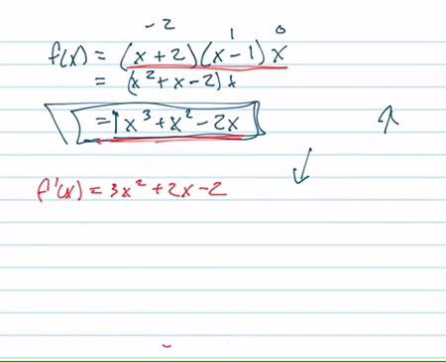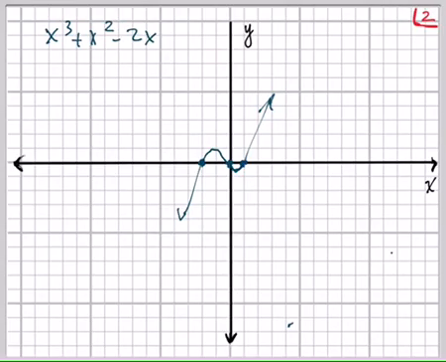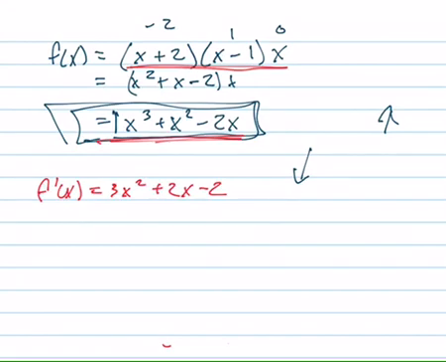If I graph that parabola on the same graph, see this max point right here? That's related to a 0 of my derivative. See that min point right there? If I go straight up to the x-axis, that's where my parabola hits the x-axis.